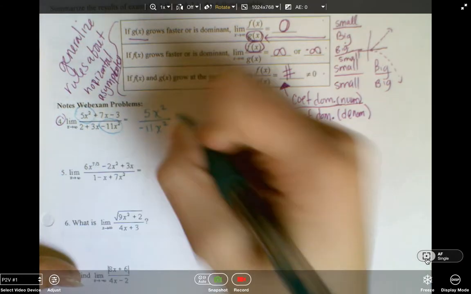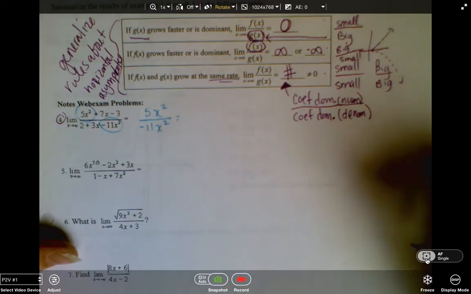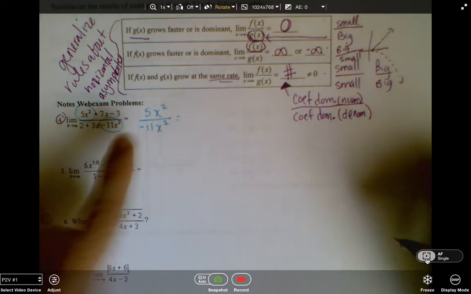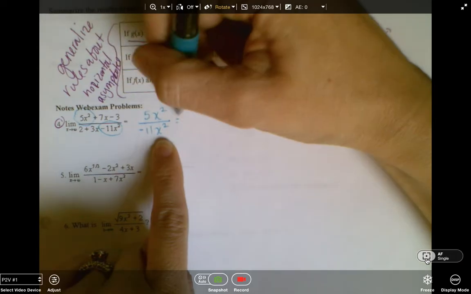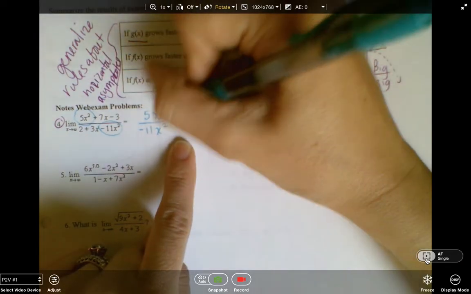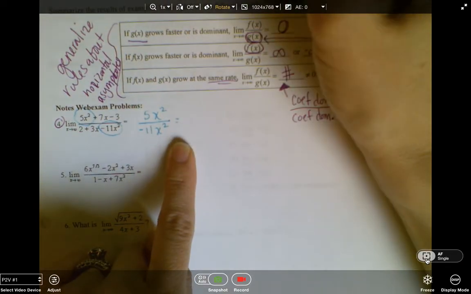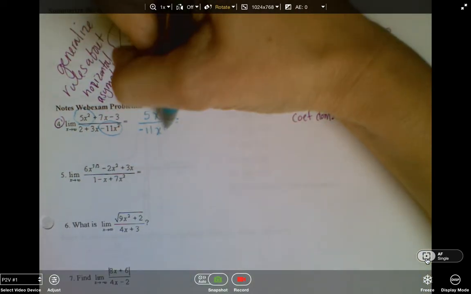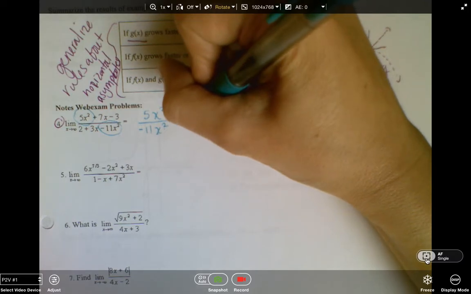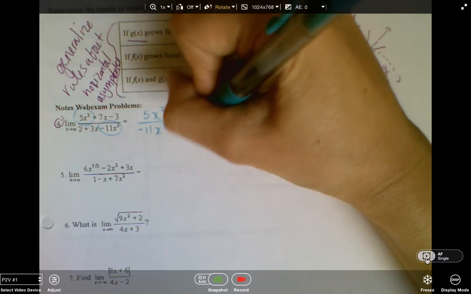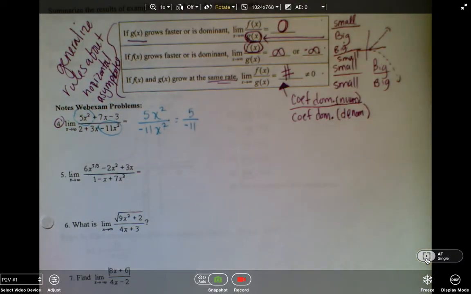So are they the same? Are they different? Is it bigger here or bigger here? Well, this one's the same, both the top and the bottom. So if I were to write that out, these two would cancel out. No matter how big they get or how small they are, they're going to be worth the same amount. So this is going to be 5 over negative 11.